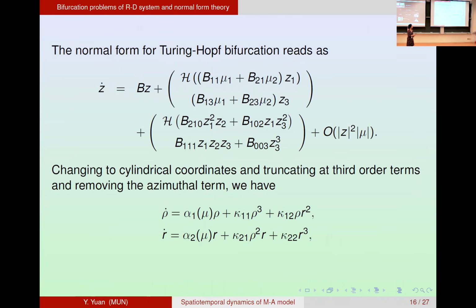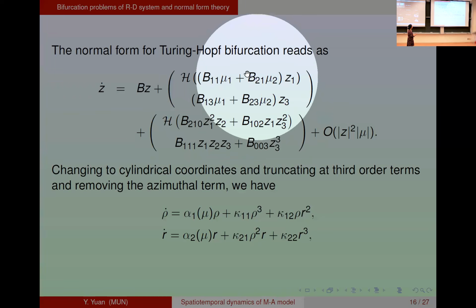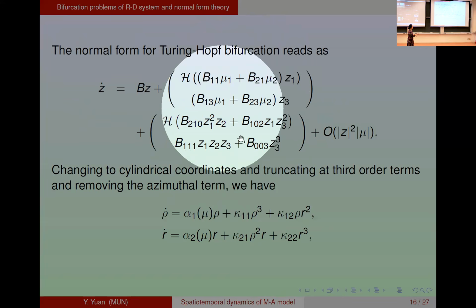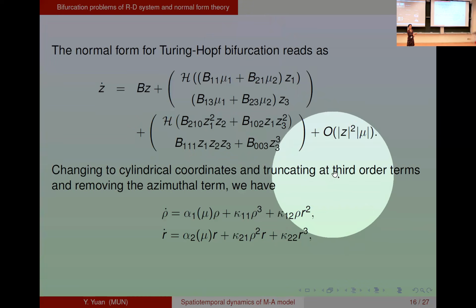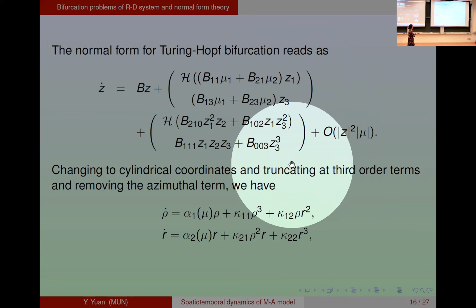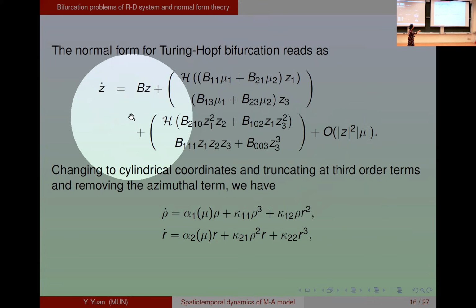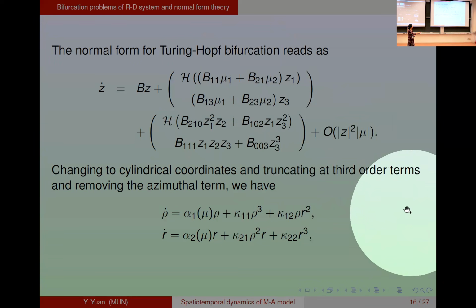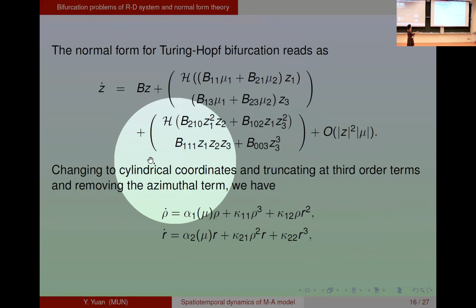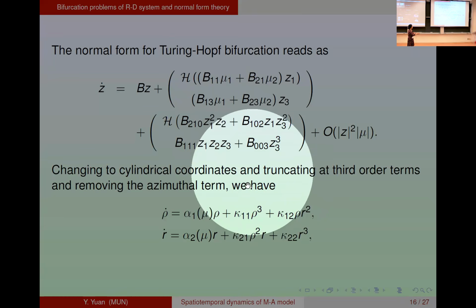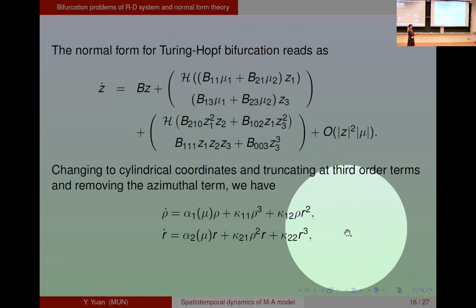In that way, we find the normal form for Turing-Hopf bifurcation has terms like this, cut to the third order. This is the linear part, this is the second order part, and the higher order part, right? We can also change to cylindrical coordinates and truncate to the third order.